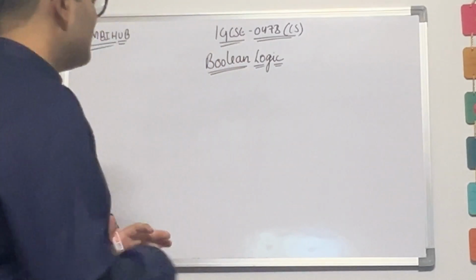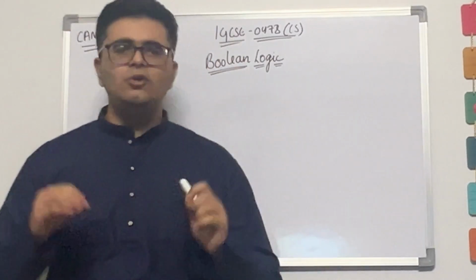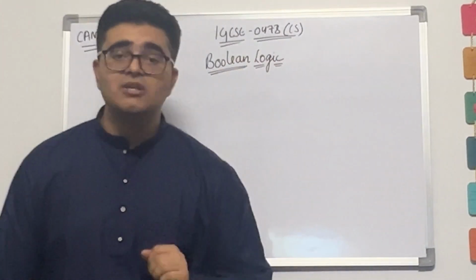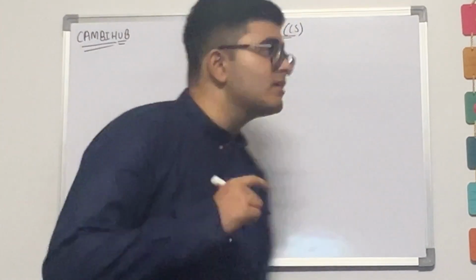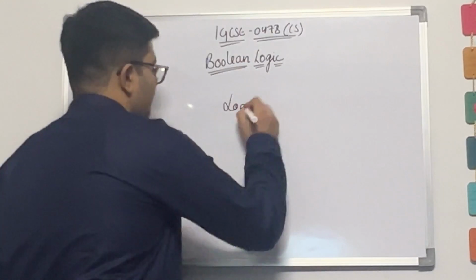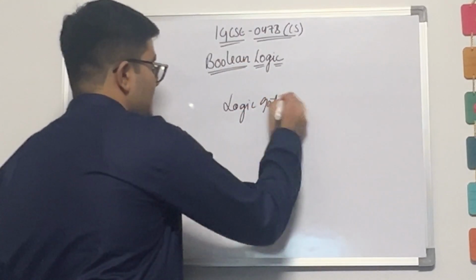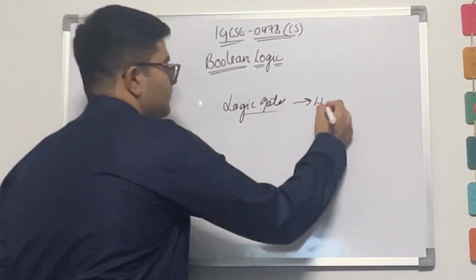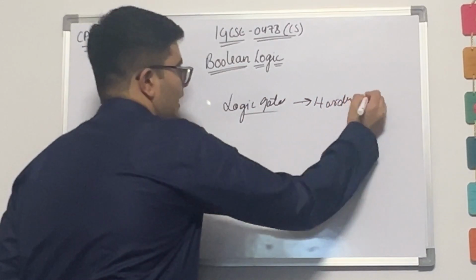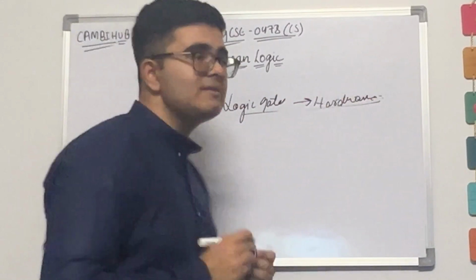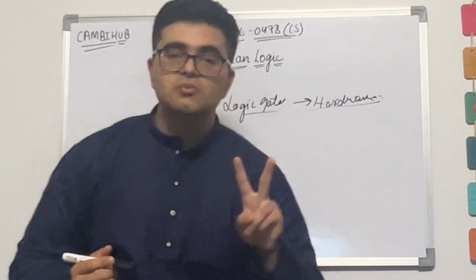So today's topic is Boolean logic. Now the question is, why do we actually study Boolean logic? The need to study Boolean logic is that our computer system works on logic gates. Logic gates are hardware components which only exist in two states.